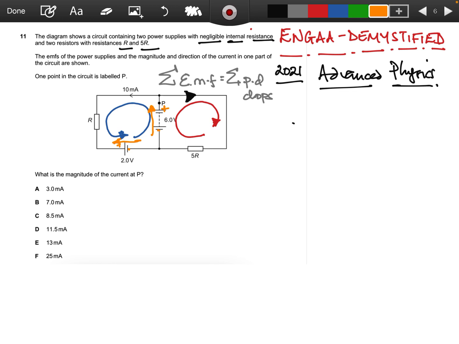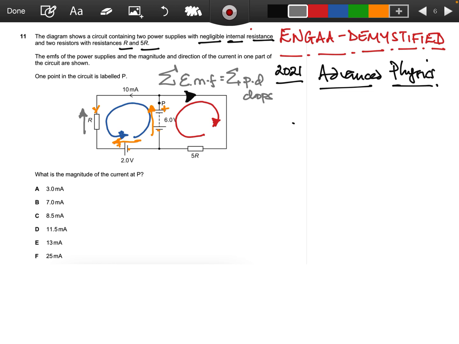Now, given that the current is going in that direction through the resistor labeled R, I will represent my potential drop with my arrow going upwards, like so. The tip of the arrow always points to the place of higher potential.